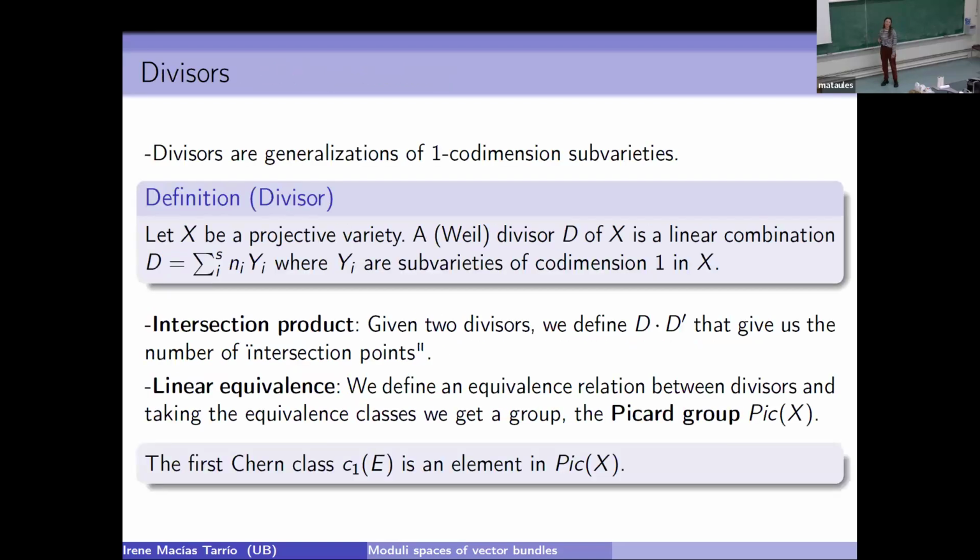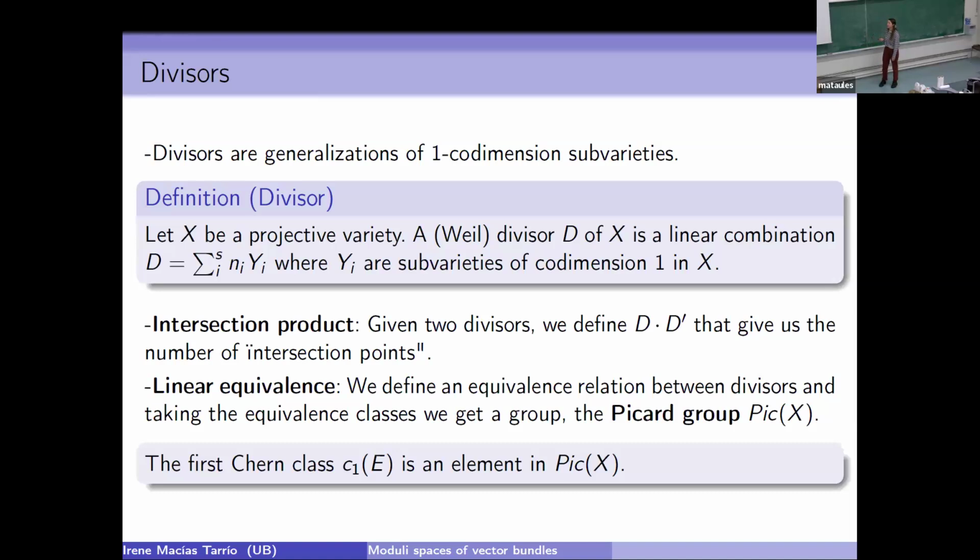So first of all, I have to introduce what divisors are. In algebraic geometry, the idea of divisors is a generalization of subvarieties of codimension 1. For example, subvarieties of codimension 1 in a space will be curves. A divisor will be a linear combination of these subvarieties of codimension 1.